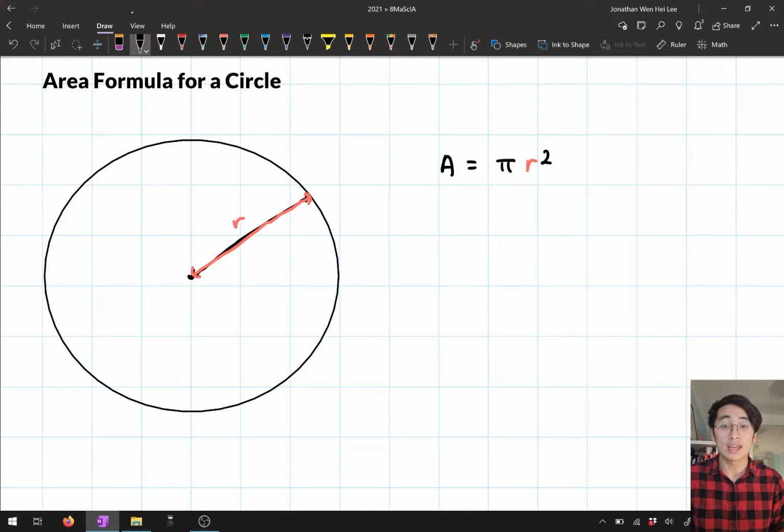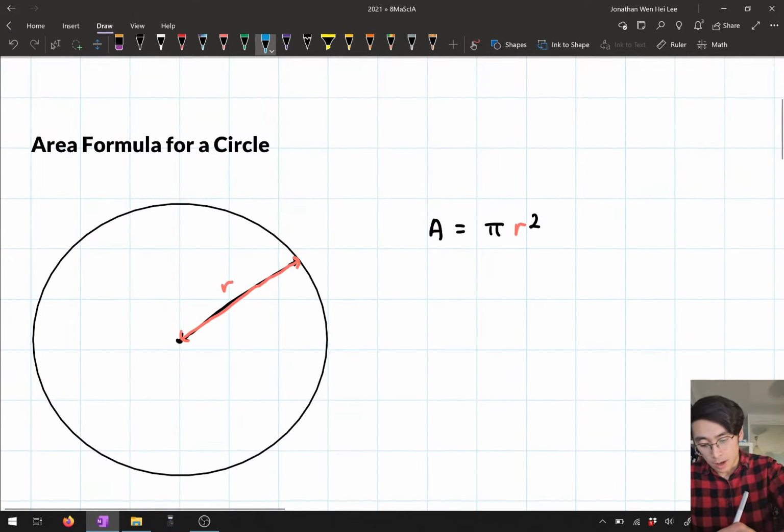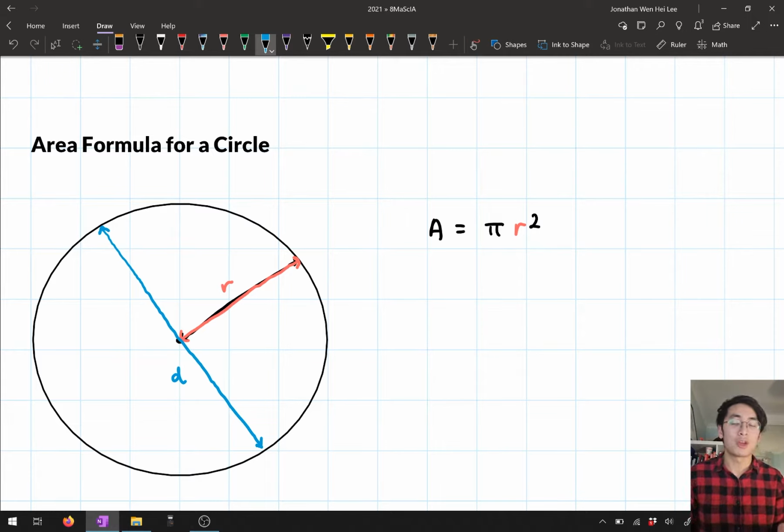Now, if you have a look at this formula, there is no other version for my diameter. So if we get given the diameter, one of the things that we need to notice is, here, I'm going to draw my diameter. If you remember from that lesson on the circumference, the diameter is the length when we go edge to edge of a circle passing through the center.